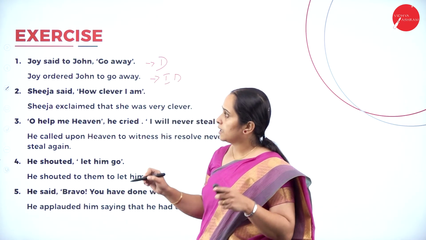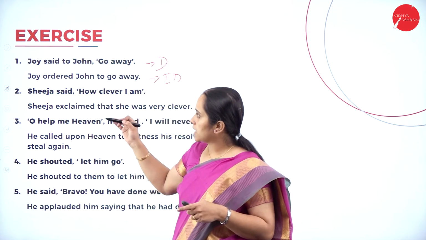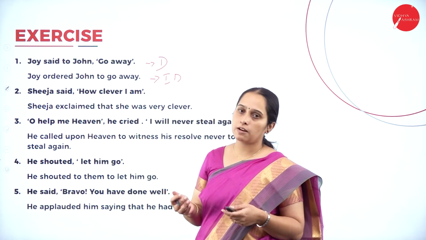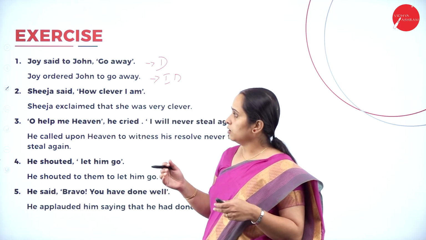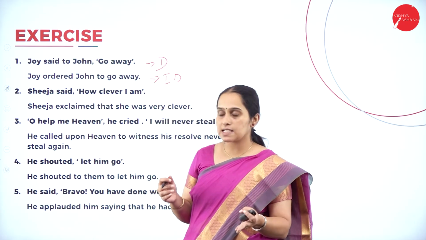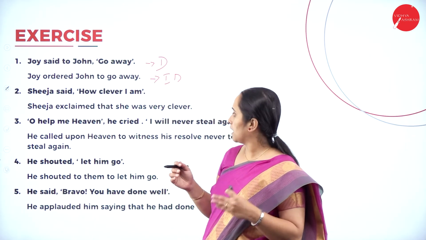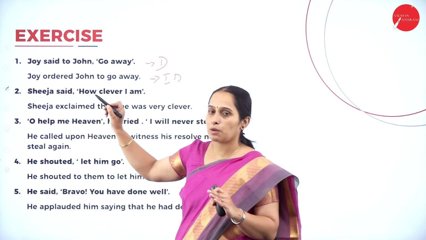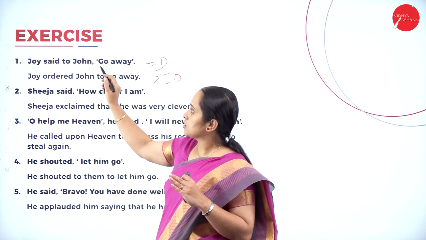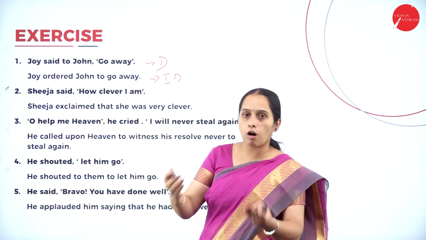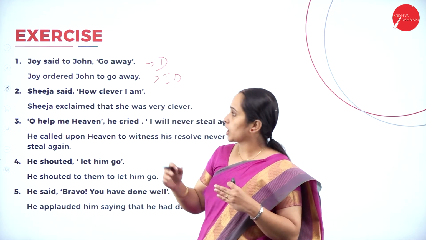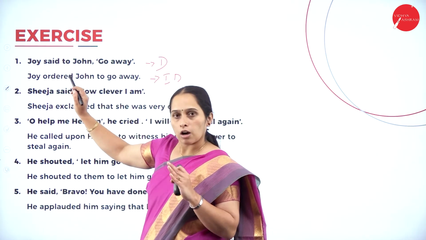Okay. Next one. Sheija said, "How clever I am!" So, Sheija exclaimed that she was very clever. You can use these types of words instead. For "go away," it's an order, right? So you can use "ordered."